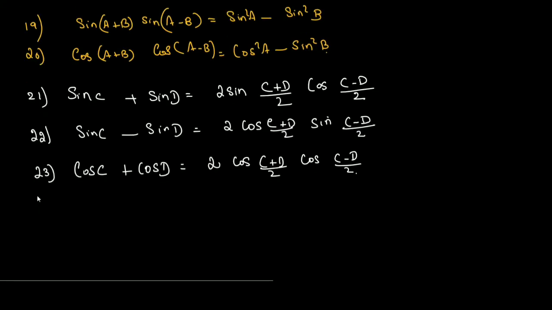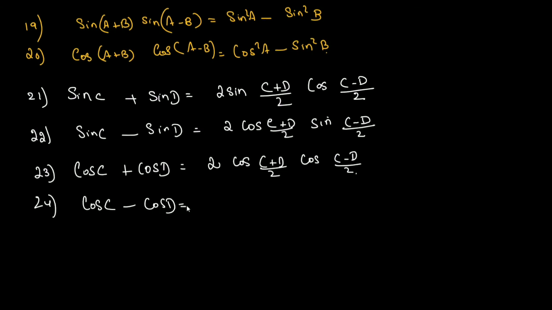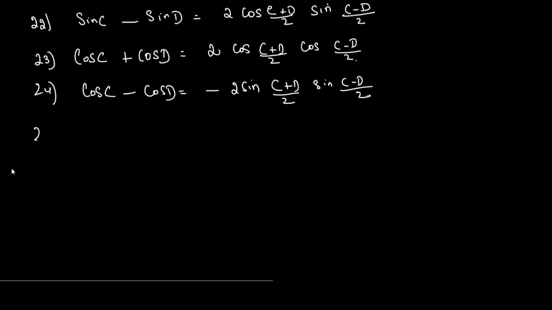Then 24: cos C minus cos D is minus 2 sin((C plus D) by 2) sin((C minus D) by 2). 25: in inverse, it is inverse function.